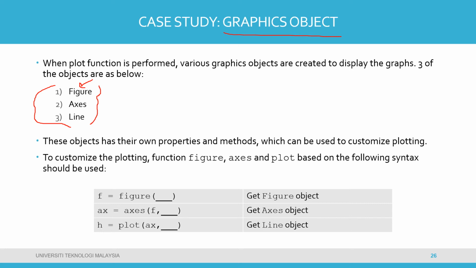If you want to call this object back, it has its own properties inside, so you can call it back and modify it. To get the figure object, you just put f equals figure. If you want to get the axis object, you can put this. And if you want to get the line object from the plot, you can put something like this.